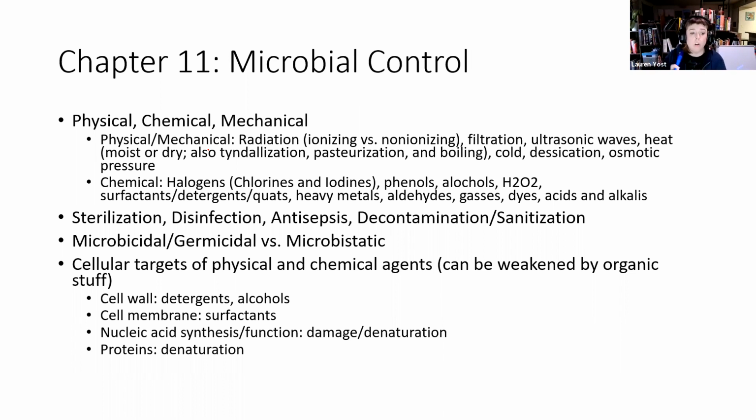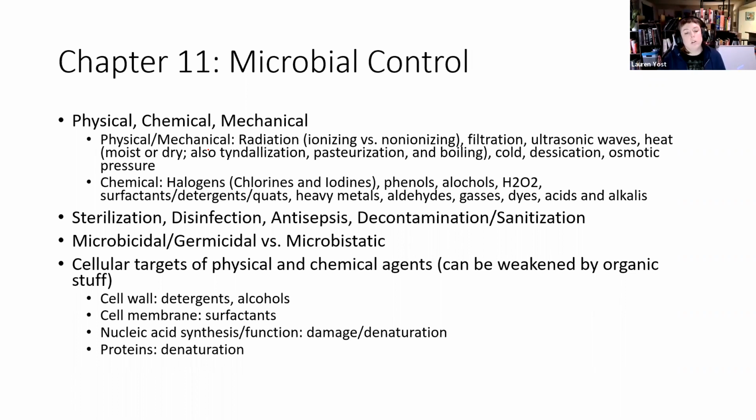So cell wall, cell membrane, nucleic acids, and proteins were the main four that they both shared. And remember, the antibiotic one had another one tacked onto it for the folic acid synthesis pathway. So that's really the only difference, big picture wise, of how these things function on microbes to kill them.